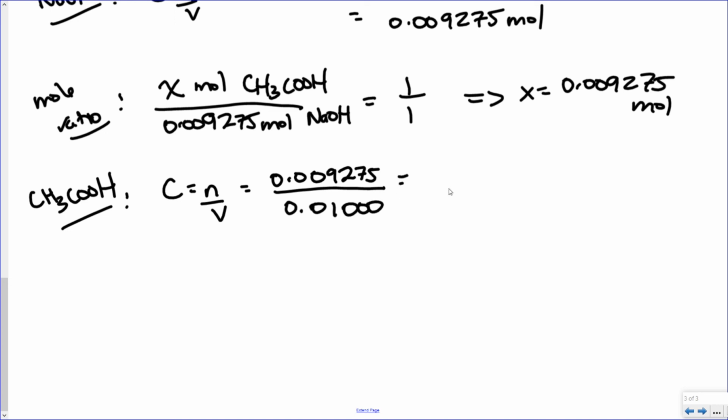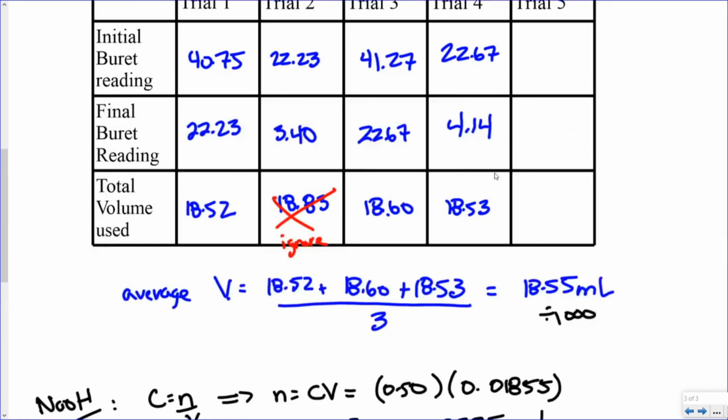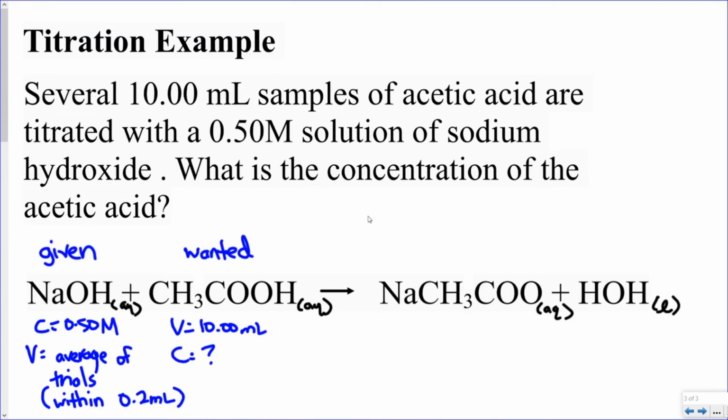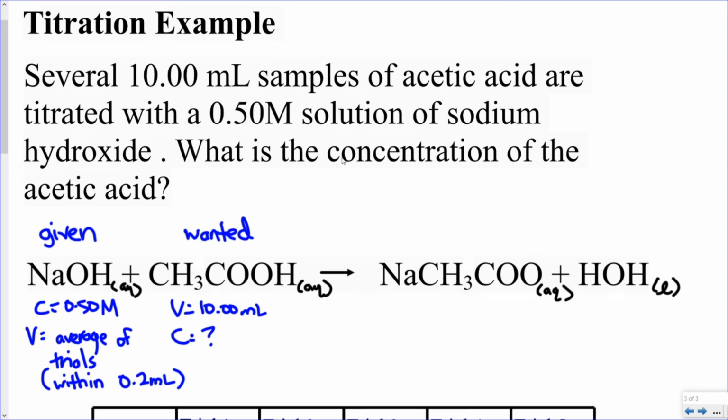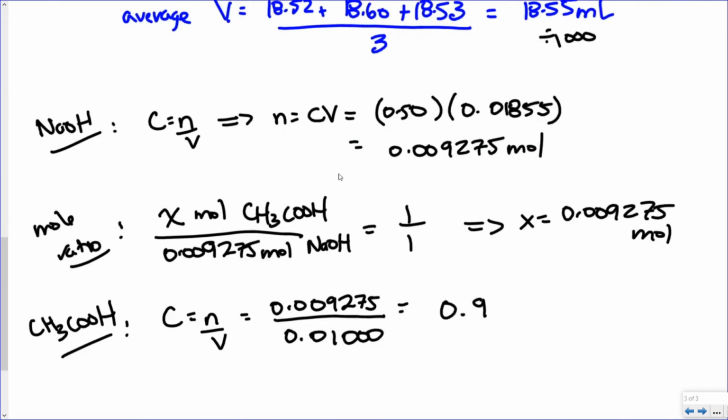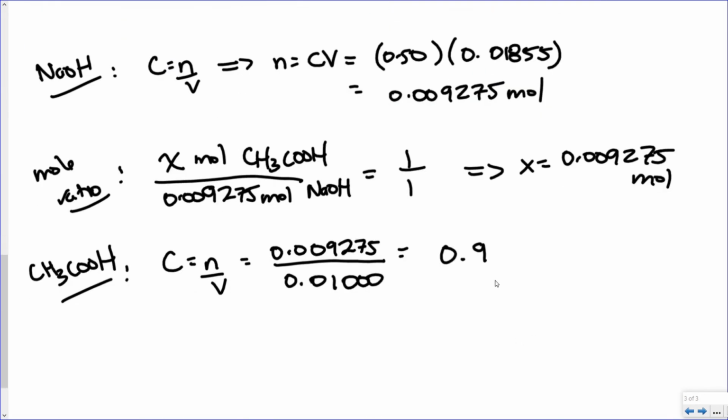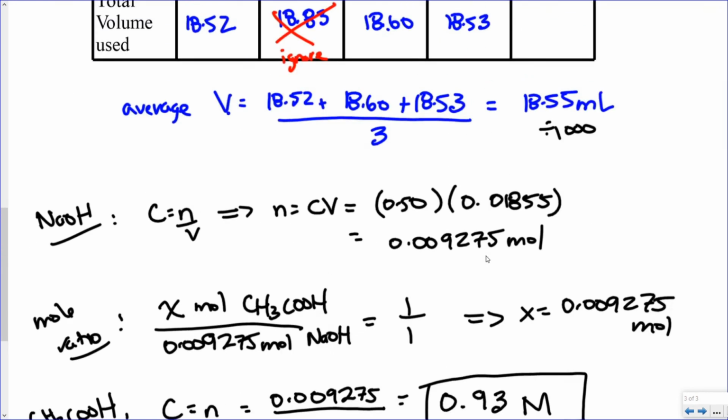So that gives me a final answer of 0.9, and I'm going to round to, how many significant digits should we round to? We were given a concentration of 0.50, so that's 2 significant digits. So my answer should have 2 significant digits, so I'll have 0.93 molar, or moles per liter. So this bottom part is all just a solution stoichiometric question.